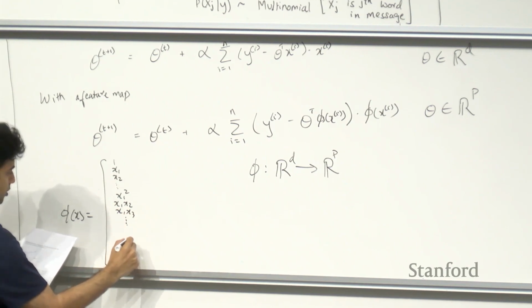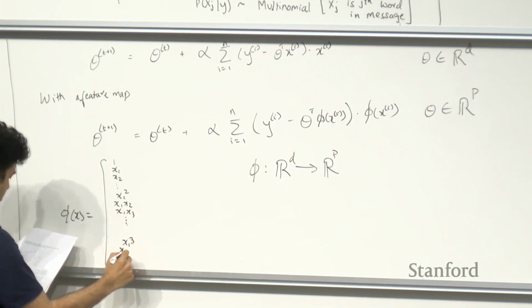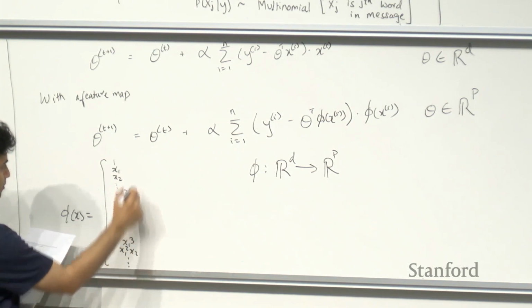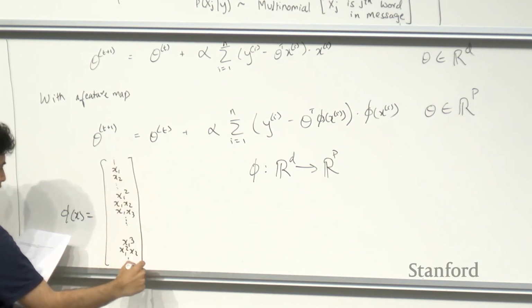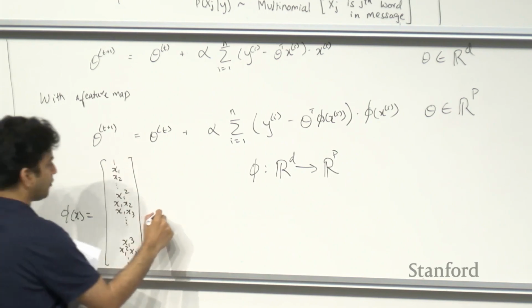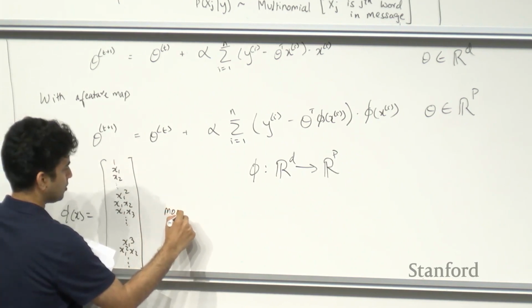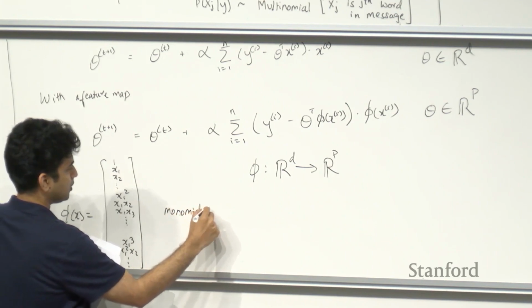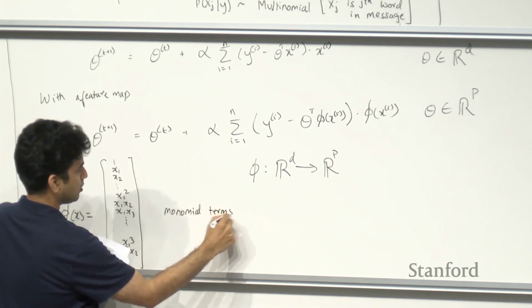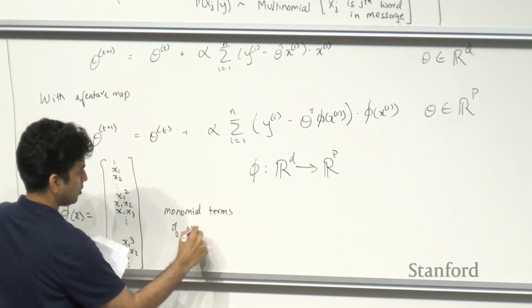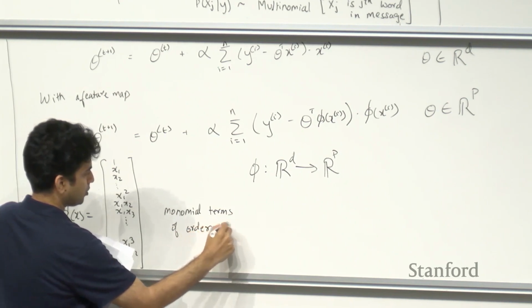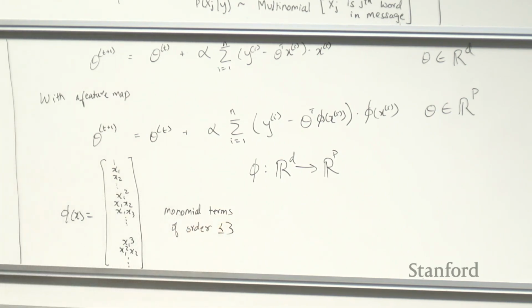Similarly x1 cube, x1 square x2 and so on. So basically the set of all monomial terms of order less than or equal to 3.